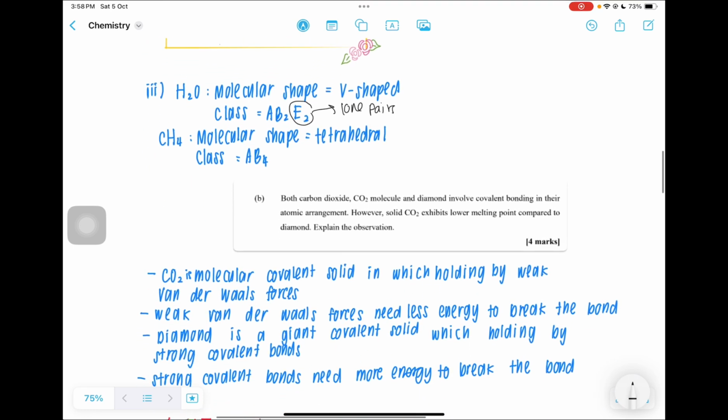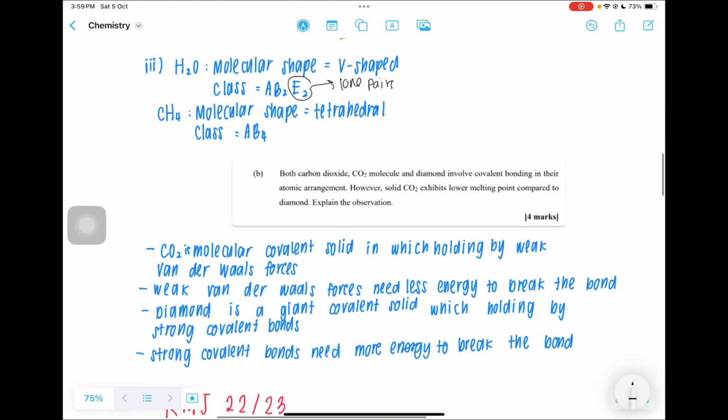So the next question states that both carbon dioxide CO2 molecule and diamond involve covalent bonding in their atomic arrangement. However, solid CO2 exhibits a lower melting point compared to diamond. Explain the observation.